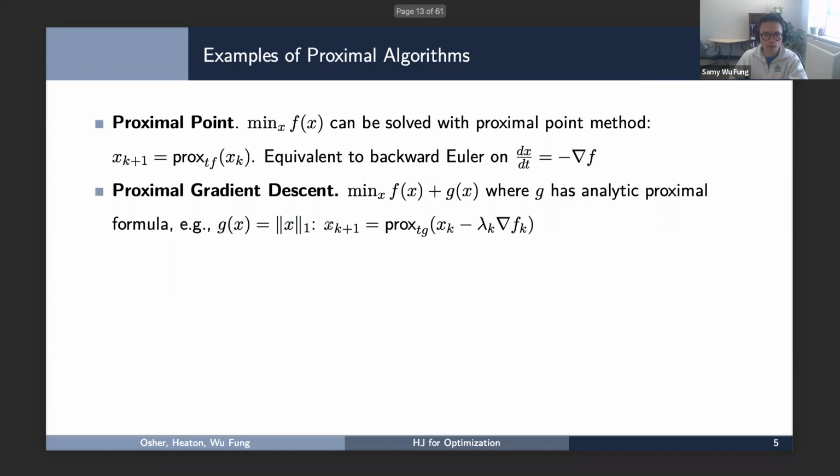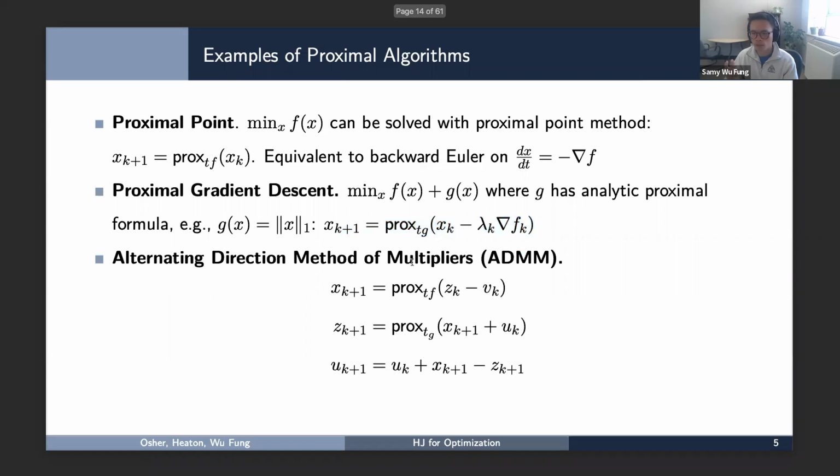In particular, I can apply an iteration like this: from x_k, I apply gradient descent on the function f, and then apply a proximal with respect to g. This is called proximal gradient descent. When g is the L1 norm, this is literally the iterative soft thresholding algorithm, or ISTA, which is very commonly used for lasso.